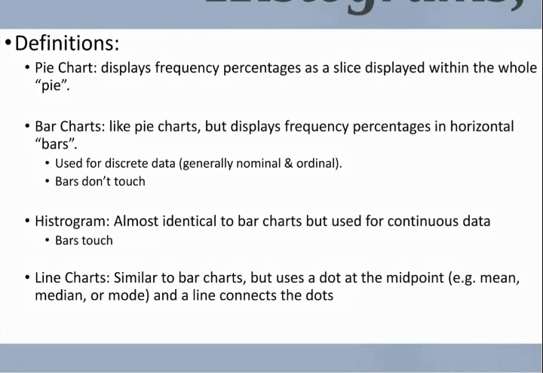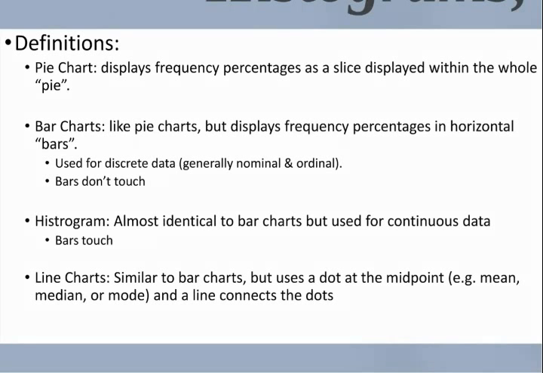In histograms, the bars touch because you're identifying that the categories are next to each other, right? So we're talking about something like a year, where 2005 and 2006 touch right next to each other. And you'll see what I'm talking about when we move forward.